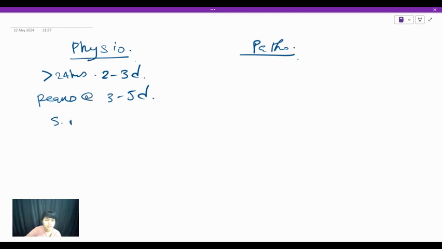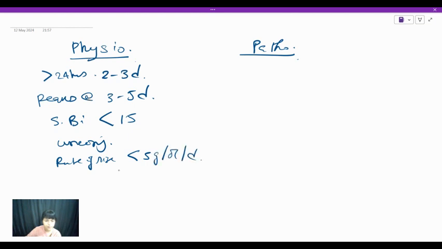The serum bilirubin is never above 15, so always below 15. This is unconjugated hyperbilirubinemia, and the rate of rise is below 5 mg per dl per day.